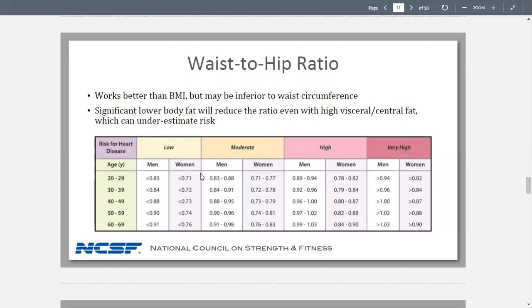You want to stay in and around 0.83 to 0.88 for men, and for women 0.71 to 0.77. Once you go to 0.89 for men and 0.78 for women, that's when you'd be getting to the higher risks.